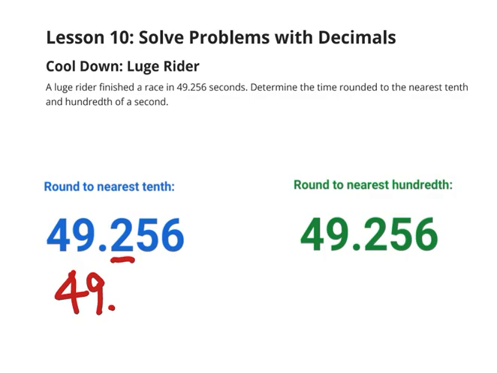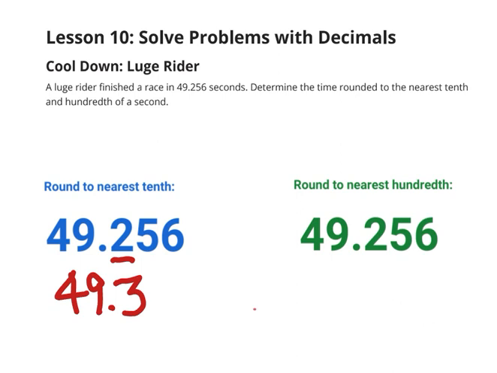And instead of a 2 in the tenths place, I'm going to have a 3 in the tenths place, because it is closer to 3 tenths than 2 tenths, because this 5 tells us that 2 is going to round up and become a 3. If I put it on the number line, I could certainly see it.